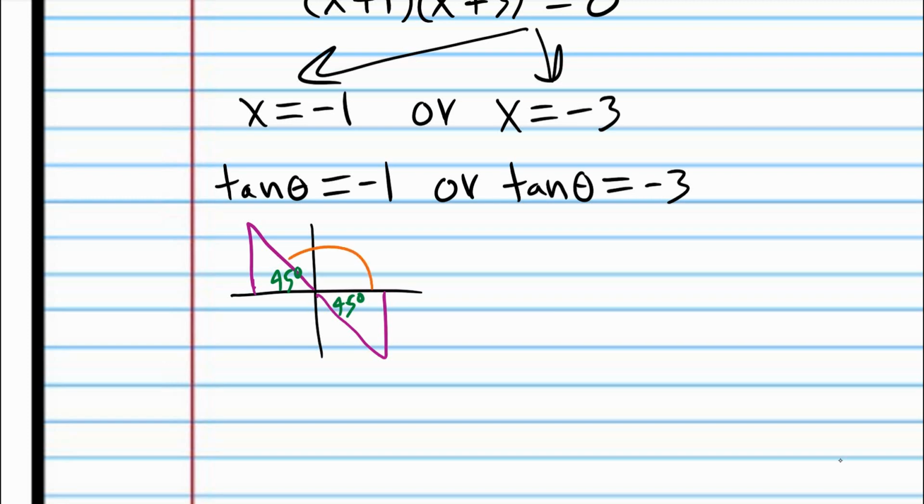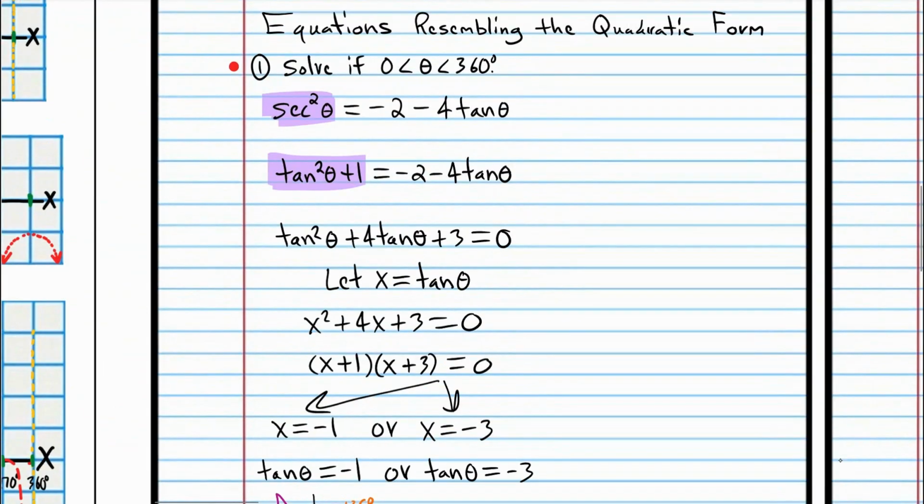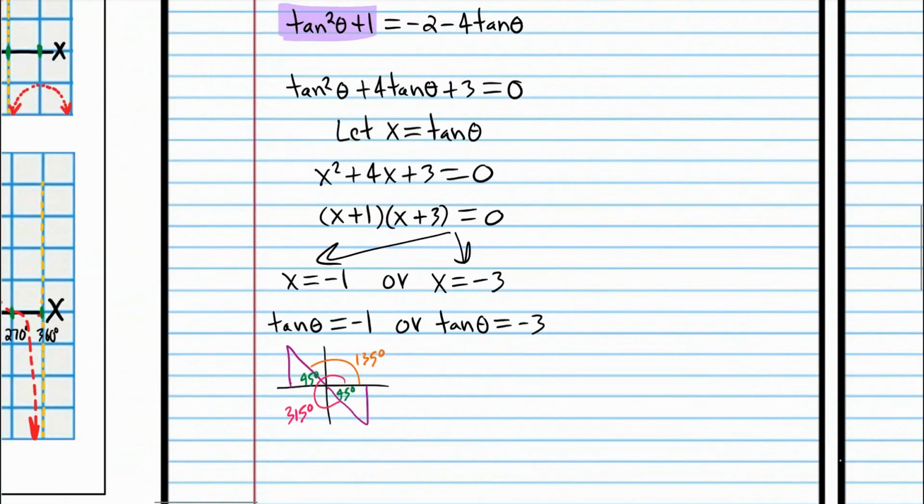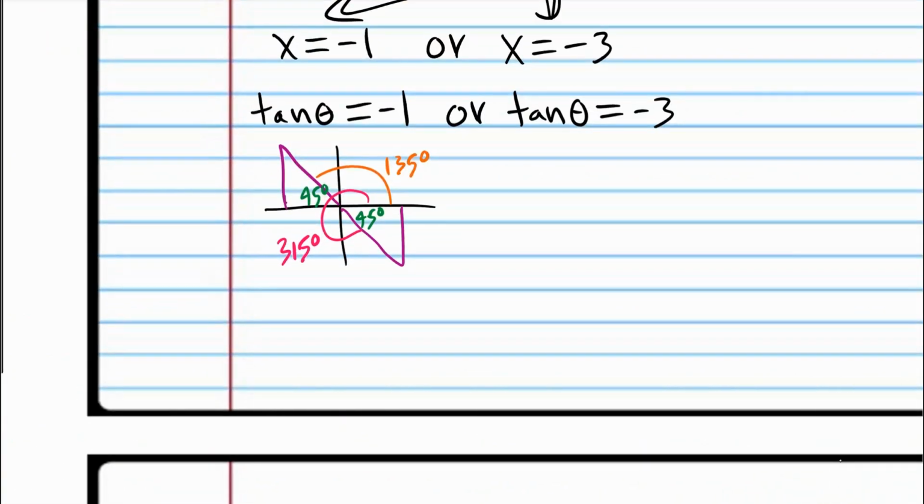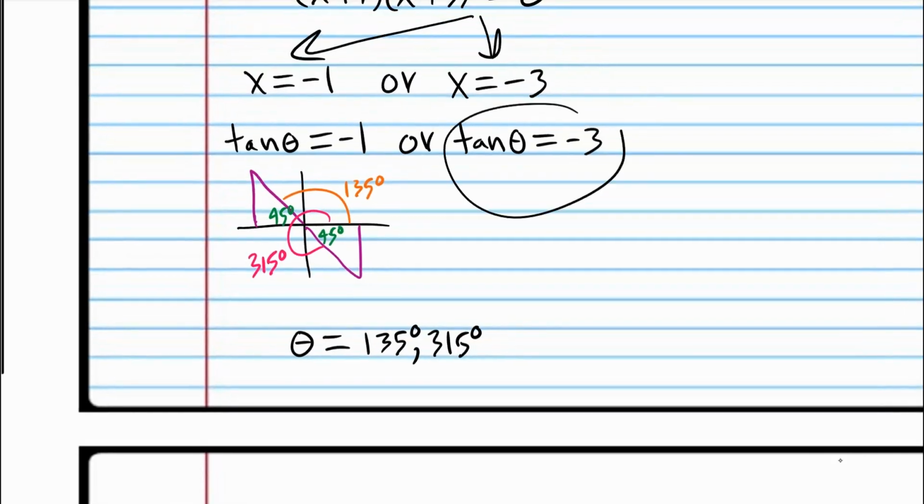And the first solution is 135 degrees, and the second solution is 315 degrees. And we're looking for the solutions between 0 and 360. So theta is equal to 135 degrees and 315 degrees.